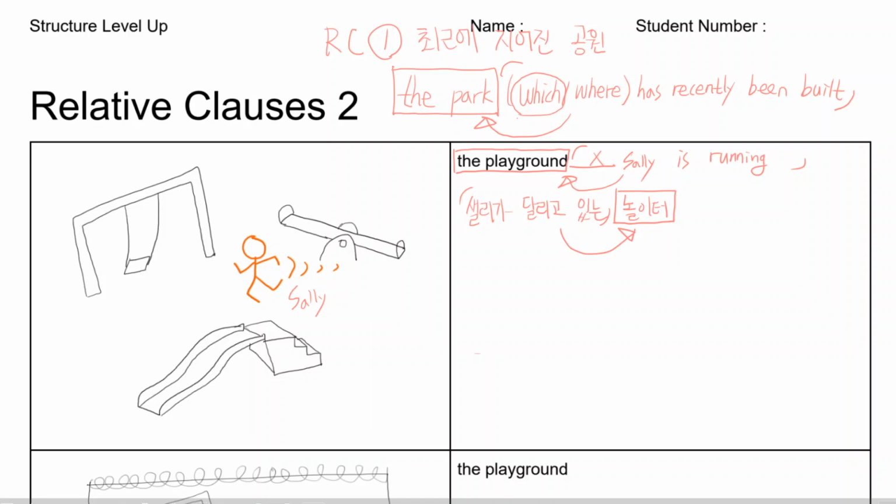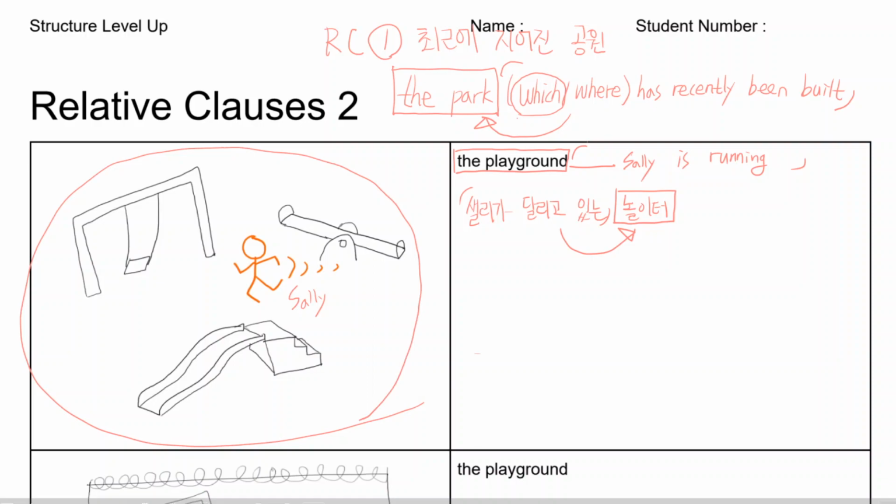But if you omit this, if you leave this empty, it's ungrammatical, so you need something here to connect these two. So what do we use? What do we write here? What do we say here? Is it which, that, where? What do you think?